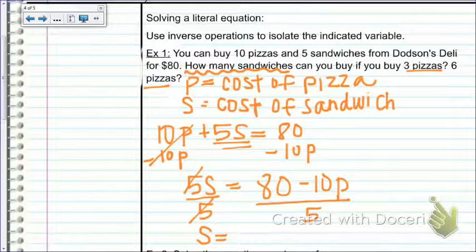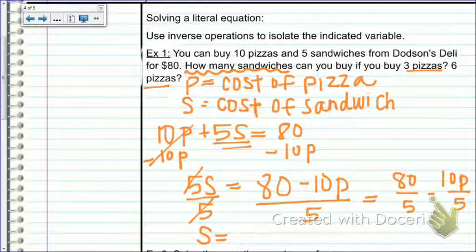Can I simplify that right-hand side? Yeah, I actually can. So remember how we could split that up into 80 divided by 5 minus 10p divided by 5? That's the distributive property, right? We can reduce these. 80 divided by 5 gives me what? 16.